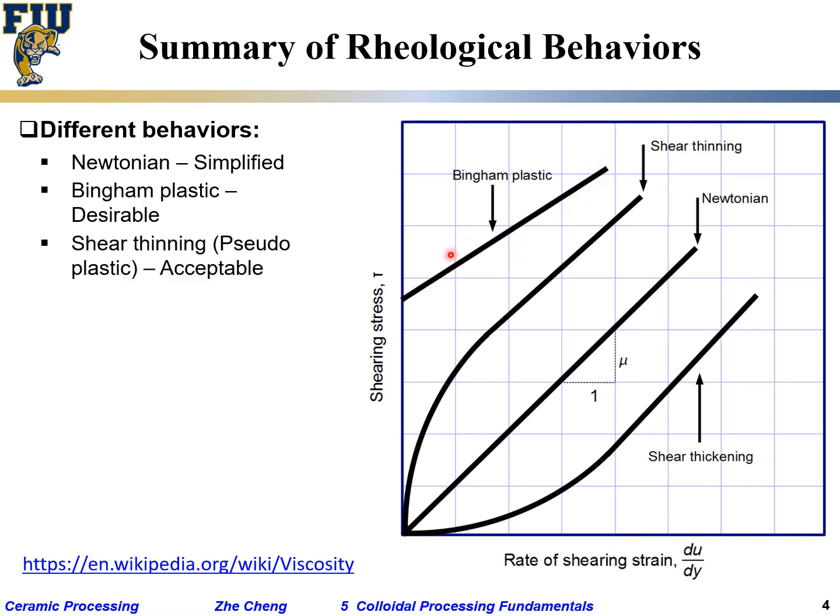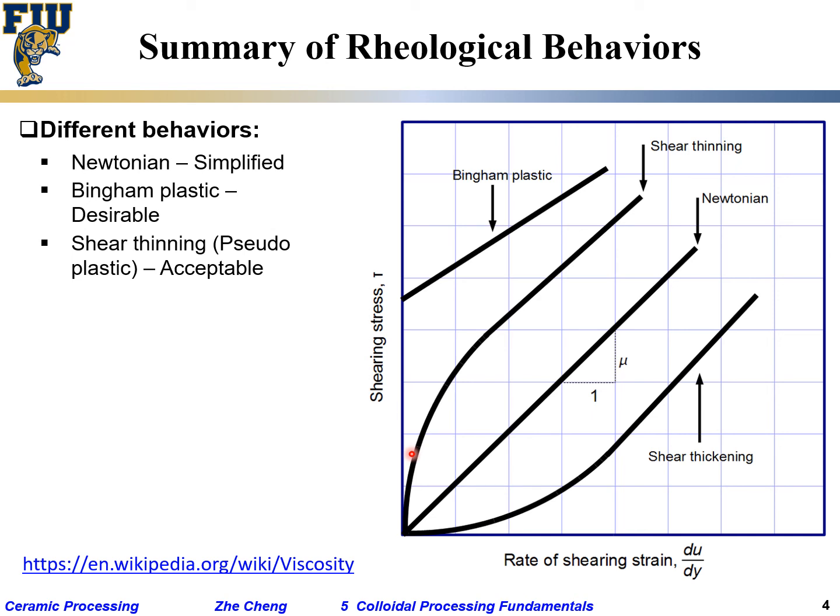Then we would have shear thinning, which we said for ketchup, for paint, shear thinning, which is this one. Start from 0. Initially, very steep means very high slope, means very high initially what? Viscosity.